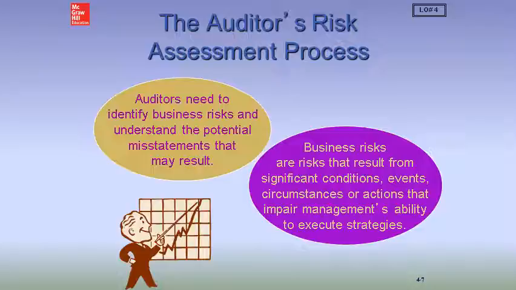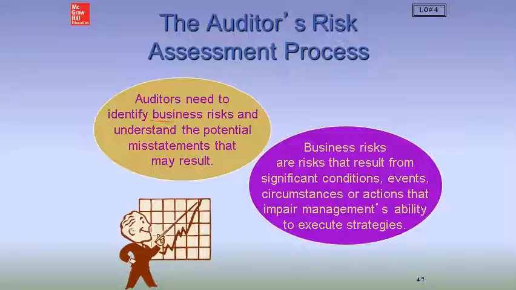That will to a large extent drive the timing, extent, and nature of our further audit procedures, and that will guide us into Chapter 5 and then into much of the detailed work that we'll do in the various account balances as we move through our later chapters.